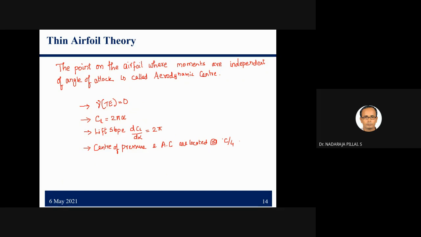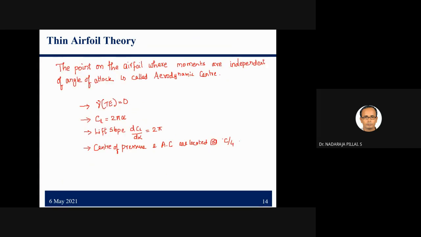Then the lift curve slope dCl by d alpha is equal to 2 pi, or otherwise 0.11 per degree. And also we understand that the center of pressure and the aerodynamic center are located at the quarter chord point in the case of the symmetrical airfoil, right?